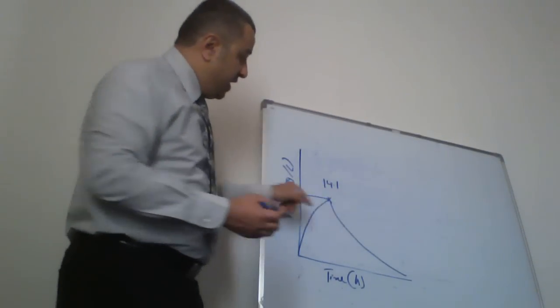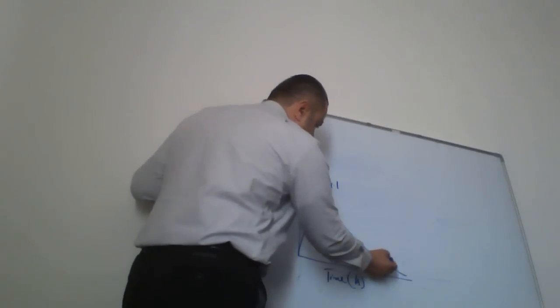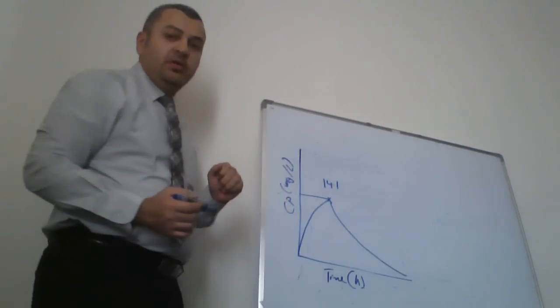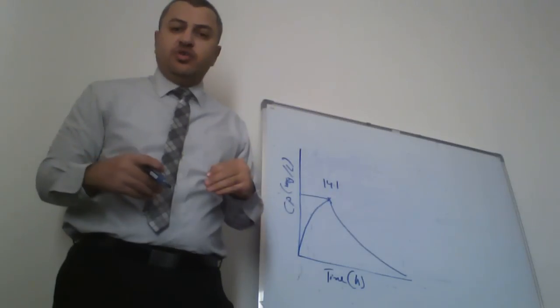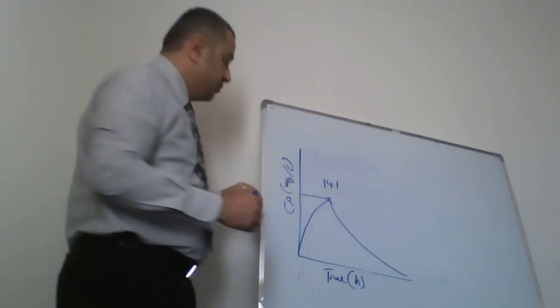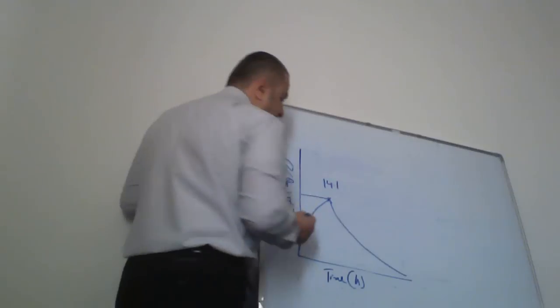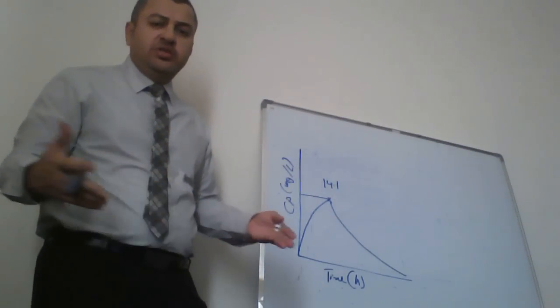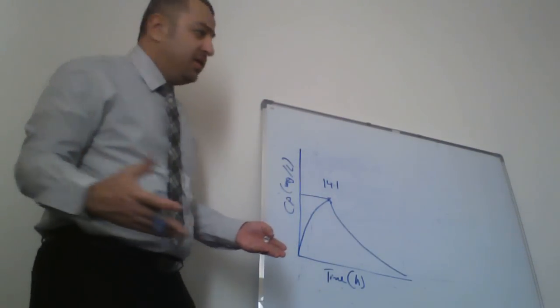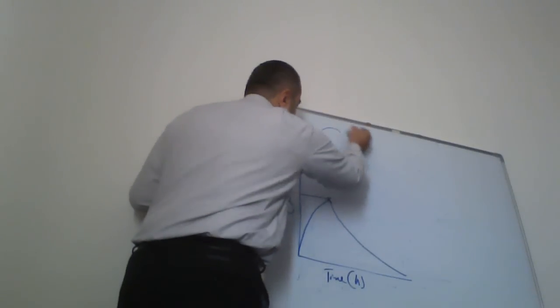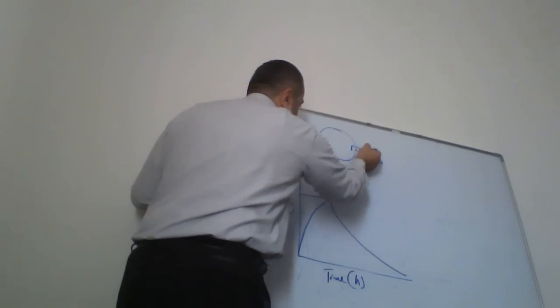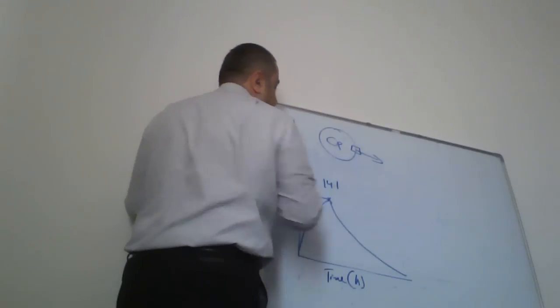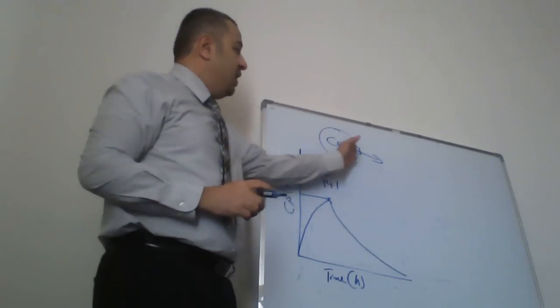So how can I calculate the concentrations after stopping the infusion? We will deal with it as the IV bolus administration, because the only thing that is there is elimination now. So you have the concentration in the body and elimination.